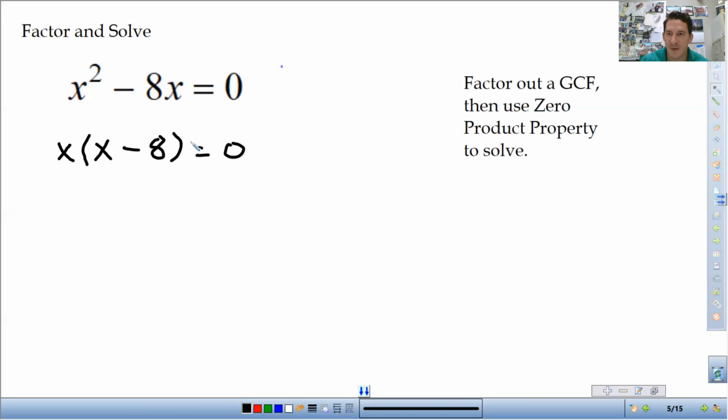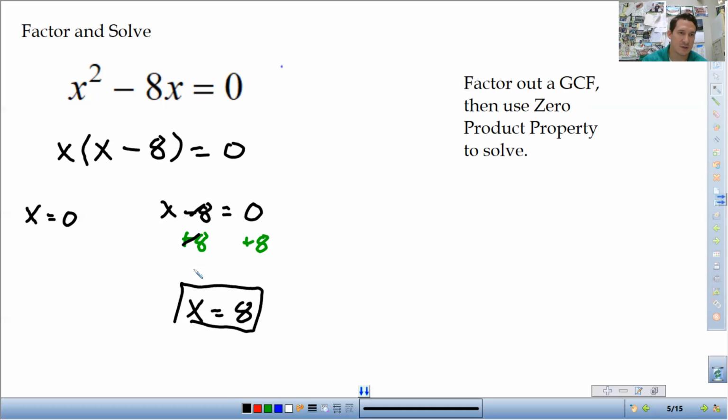And now I can just use that zero product property to solve. So I separate it out. My two factors are x is equal to 0, and then x minus 8 is equal to 0. Really only need to solve this one over here. So this cancels out. I get x is equal to 8. So the two possible solutions are x equals 0 and x equals 8.